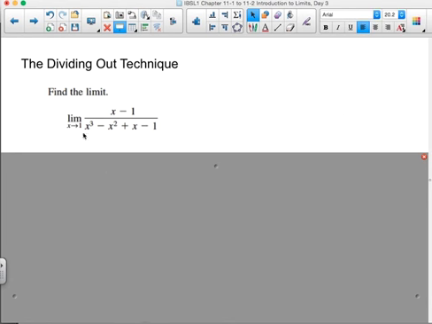First of all, the dividing out technique. You'll notice we have a limit as x approaches 1 that we want to find of this function, x minus 1 over x cubed minus x squared plus x minus 1.